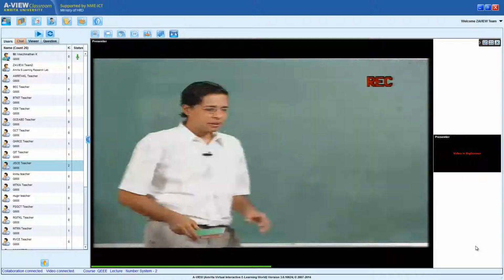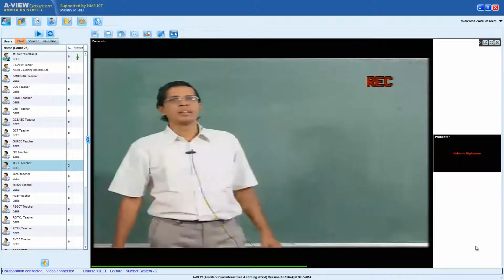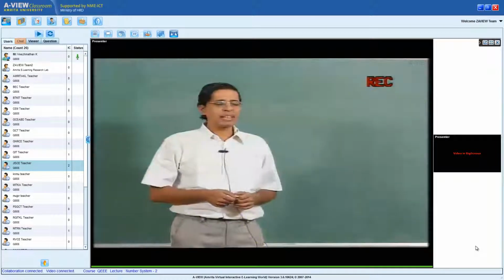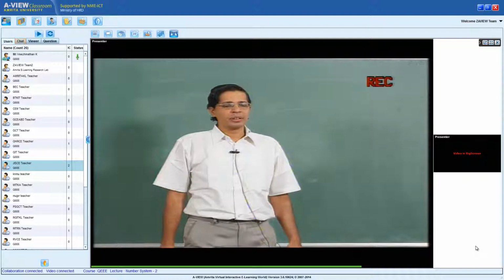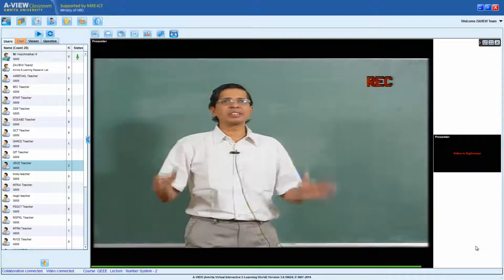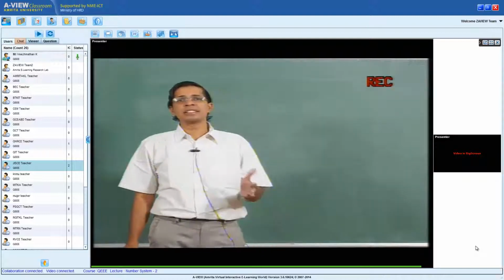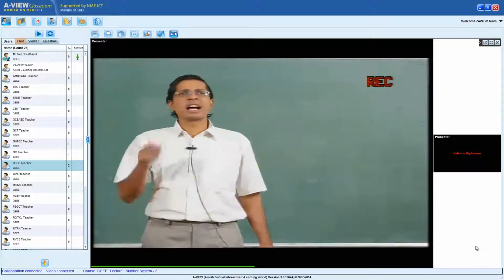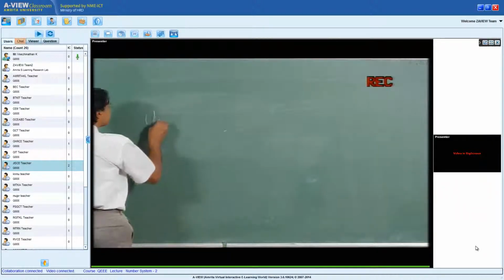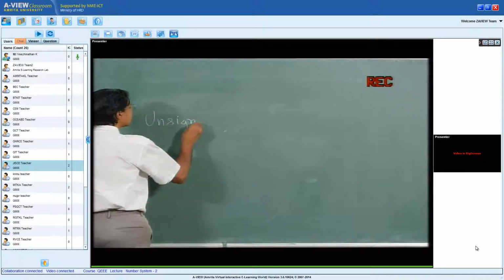The computing system is not one that can handle an infinite range of numbers. There is a finite range of numbers that the system is capable of handling. Let us again start with what we call unsigned integers.